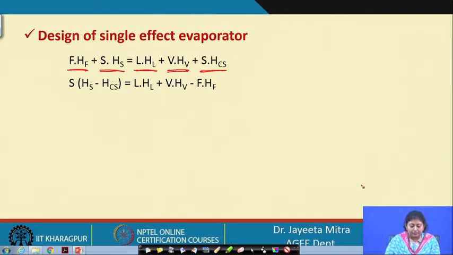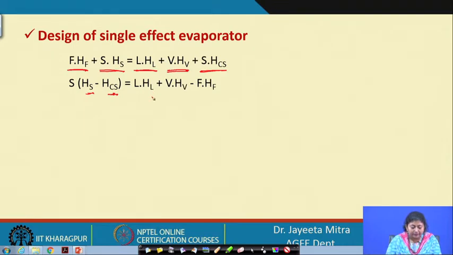We can again take steam to this side. So, S into HS minus HCS. This HCS is the enthalpy of the liquid steam at the temperature at which the steam entered, and HS is the enthalpy of the saturated steam at temperature TS.